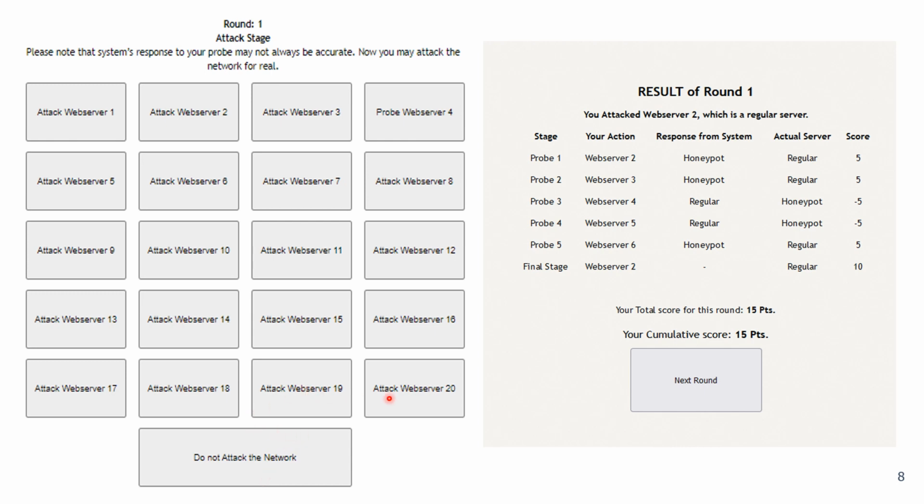After the probe and the attack, he was given the result for each round, meaning whether it was a honeypot or a real web server, and the scores associated with the actions were computed at the end of the rounds. At the end of the cumulative 20 rounds, the adversary was given the total score for their participation in the game.